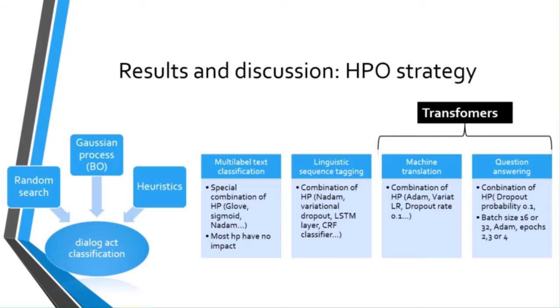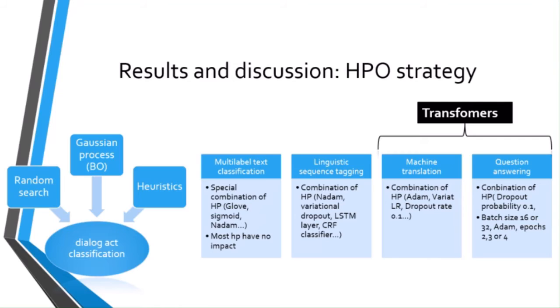In tasks related to linguistic sequence tagging, the combination of the optimizer NADAM with a gradient normalization threshold of 1, variational dropout, recurrent units of LSTM layer, and the CRF classifier proved to be very efficient.